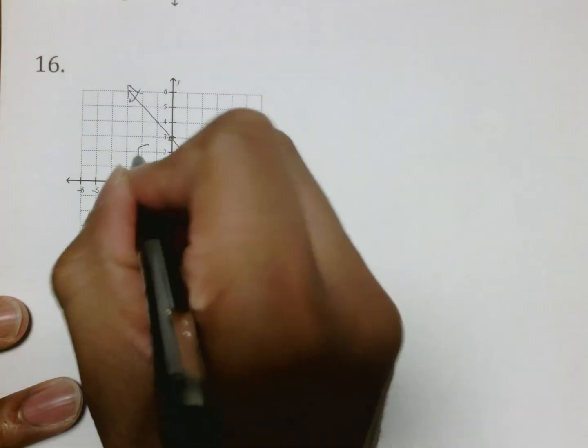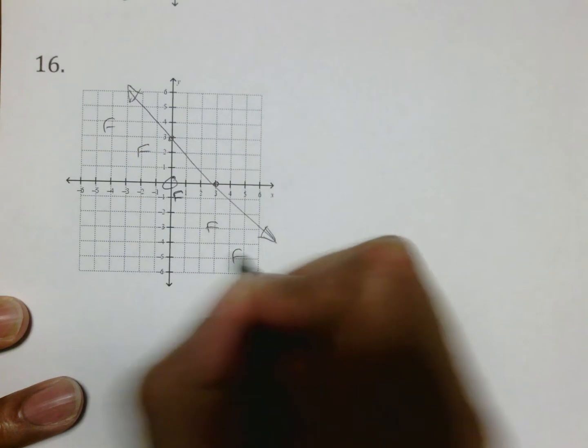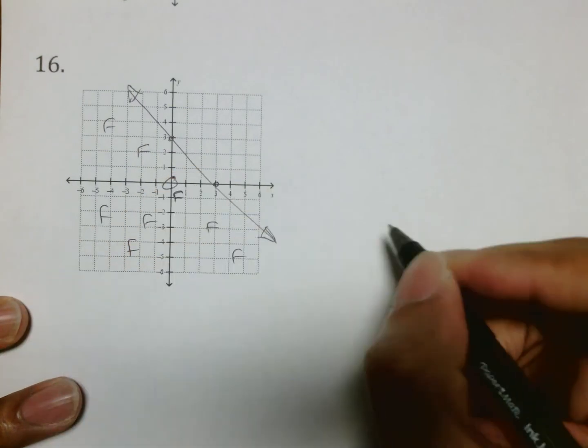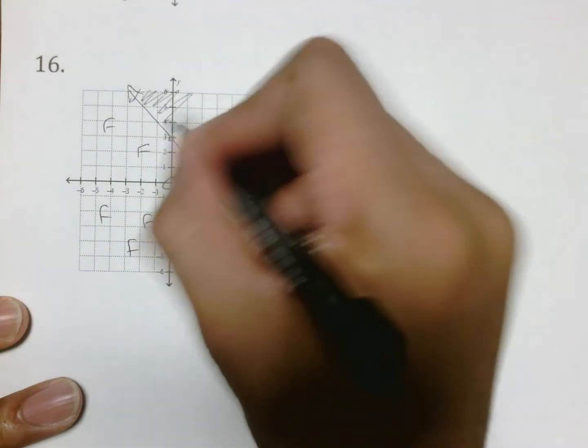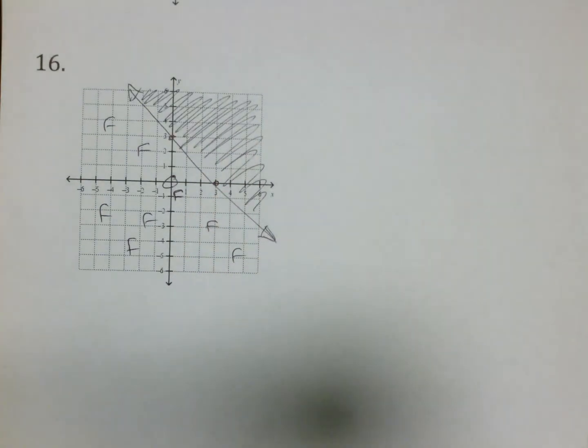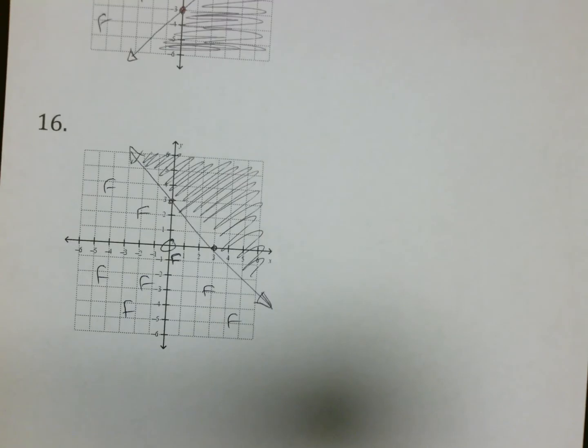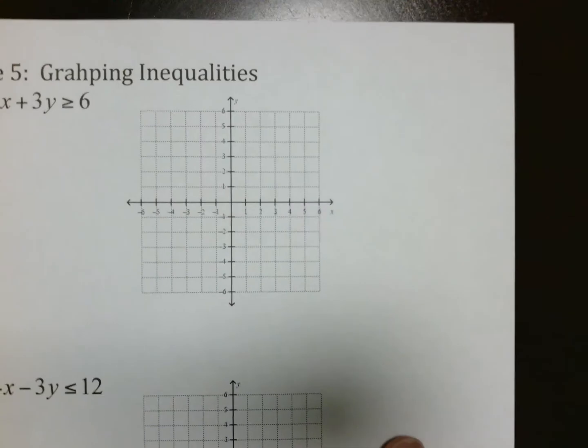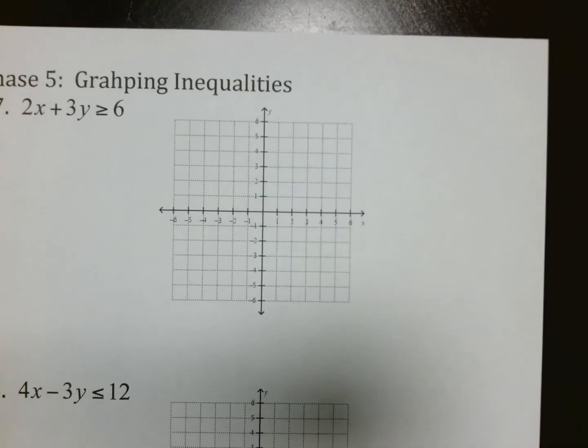And so if this is false, that means that everything on this side is also false, which means that everything on this side is what we are looking for, and that everything over there is true. So those are our 8 situations you're going to see where it could be false and you go above, it could be false and you go below, it could be true and you go above, it could be true and you go below. You just have to make sure that you make the right call for that number.